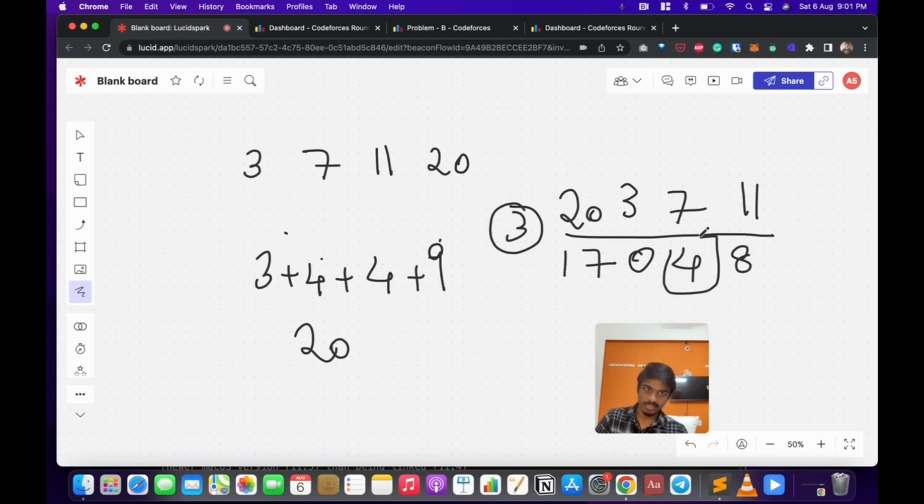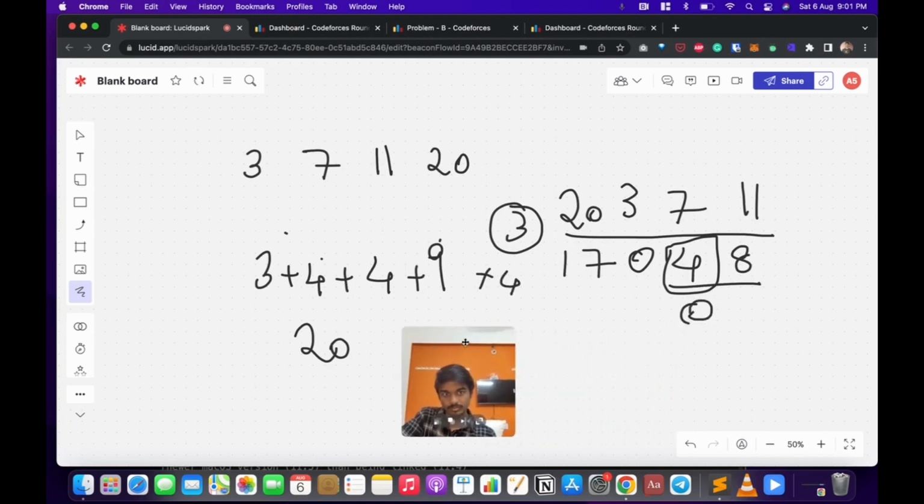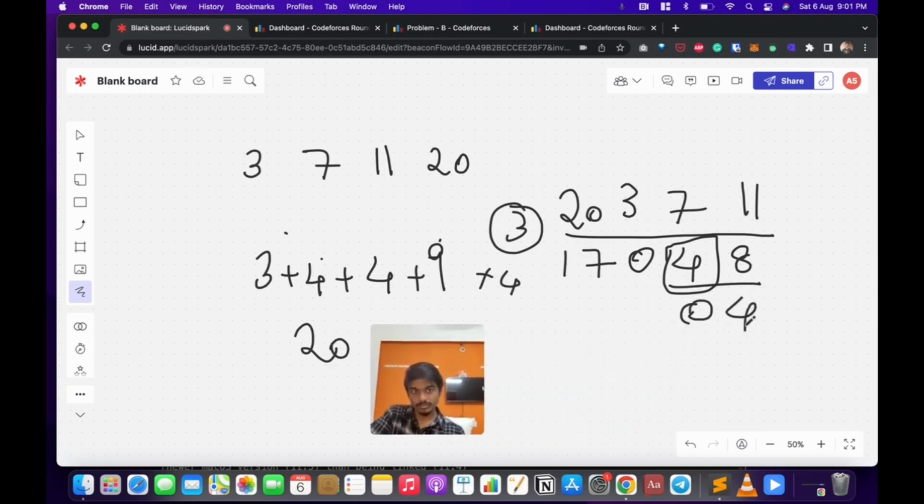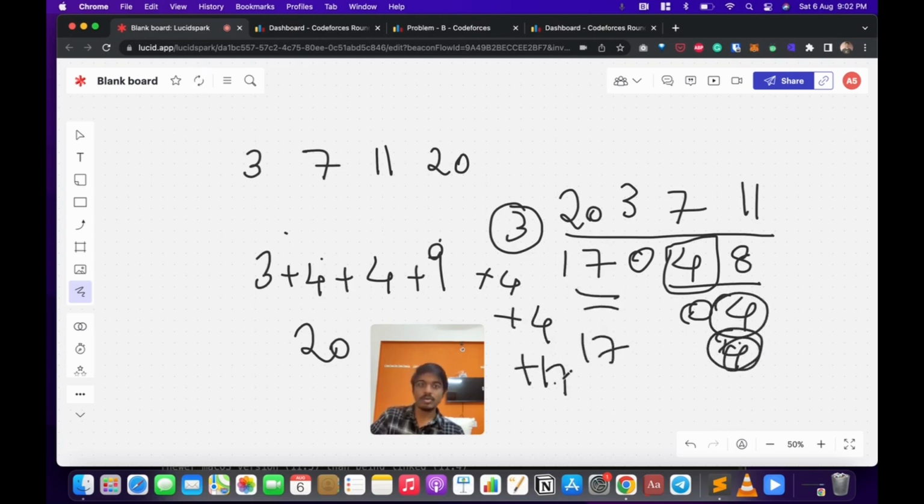Now I'll take the smallest number and reduce these two. Again take 4 here, then you have to take 17. God. So I'm getting a larger number, right?